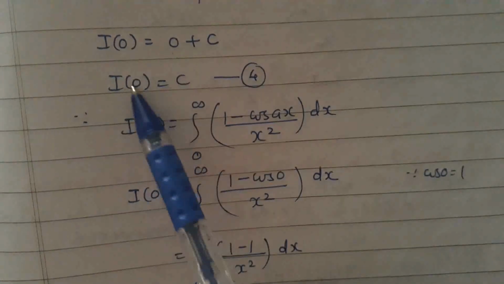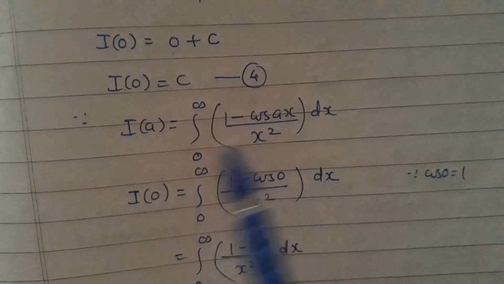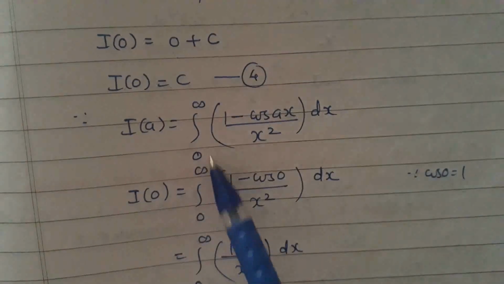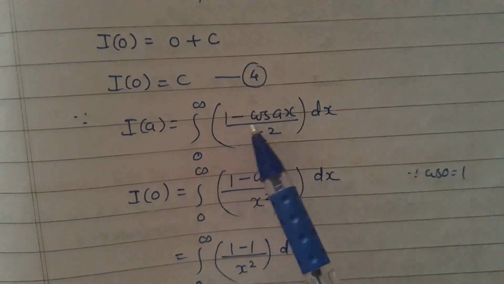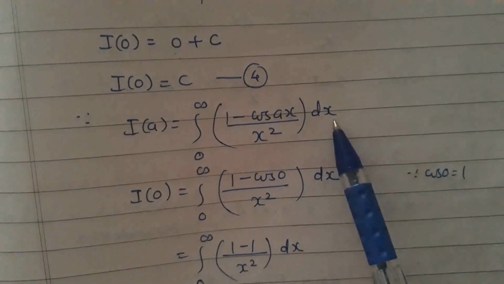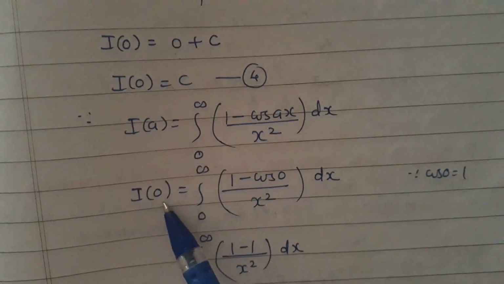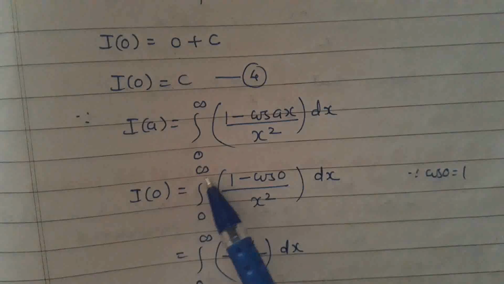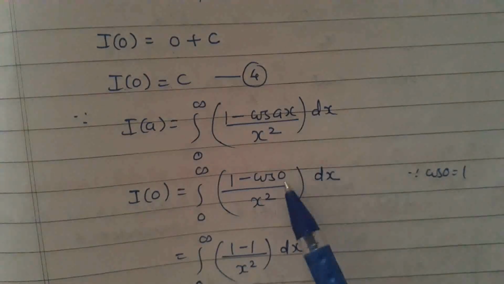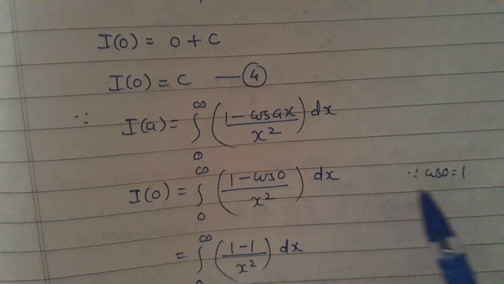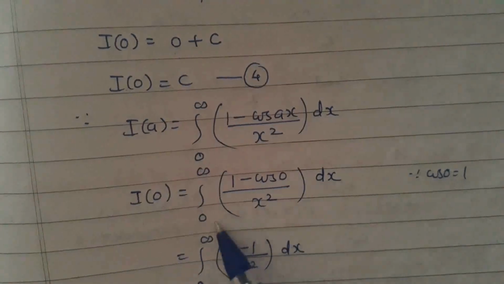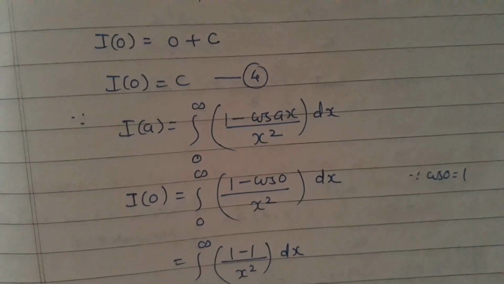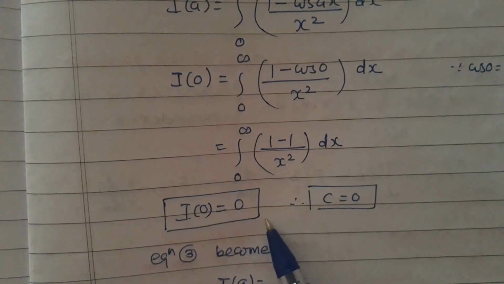You can find the value of I of 0 by using the given integral, as I of a is equal to integral 0 to infinity (1 minus cos ax) upon x square dx. Put a is equal to 0: integral 0 to infinity (1 minus cos of 0) upon x square dx. Since cos 0 is 1, 1 minus 1 becomes 0. Therefore the value of I of 0 is equal to 0.